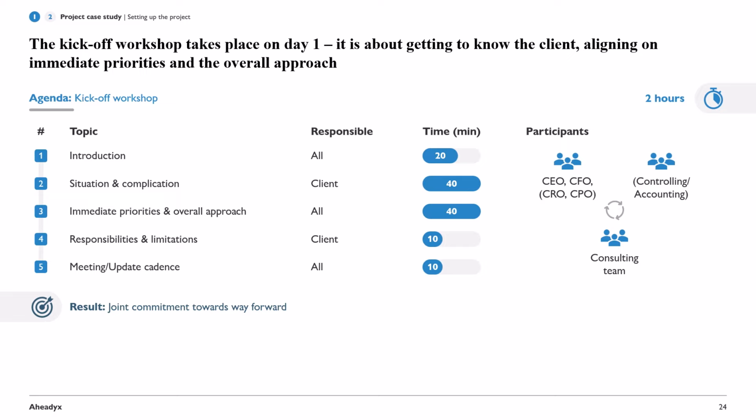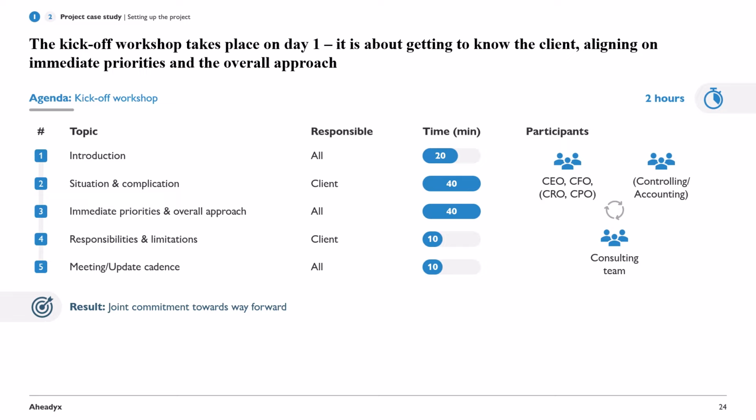Now for the agenda, we first do a short introduction to get to know each other. Then we have the situation and complications, something you will remember from my first video in this series. Immediate priorities and overall approach, so there might be some things that just need to be done immediately and you should know about this. Responsibilities and limitations. Here let me highlight the limitations.